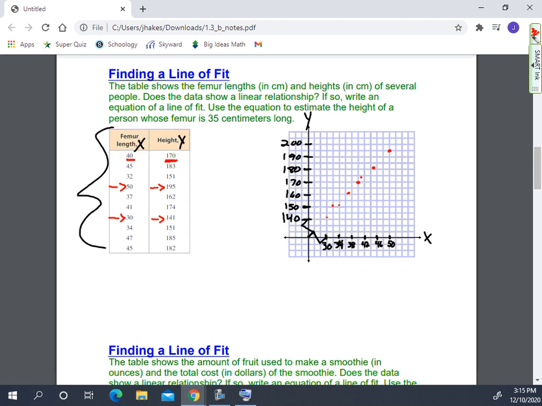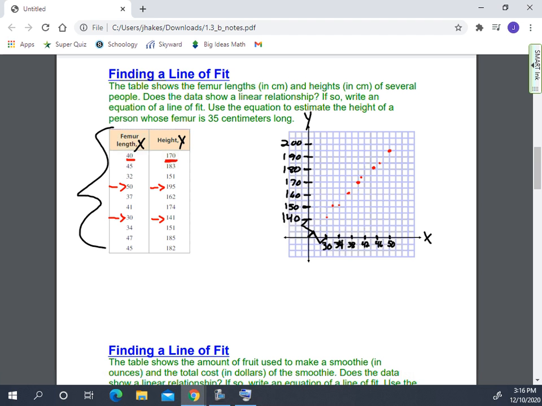Okay, 47 and 185. And then 45 and 182. Okay, which I kind of already have a point there.